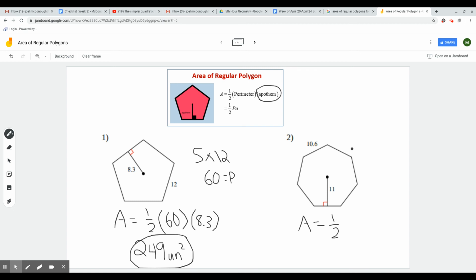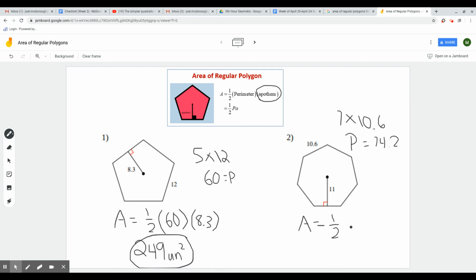And because it's a heptagon, it has 7 sides. 7 times 10.6 is going to give me my perimeter. So on my calculator, I take 10.6, which is one of the sides, and multiply it by 7, and this shape has a perimeter of 74.2.